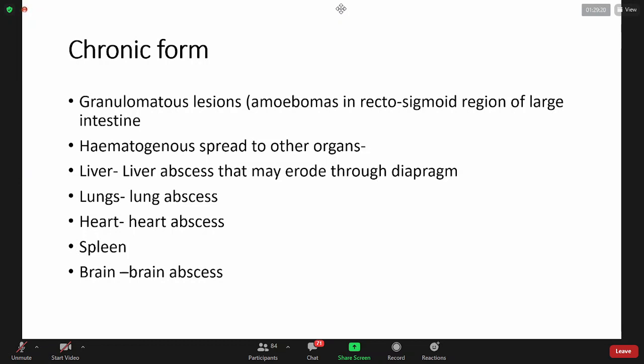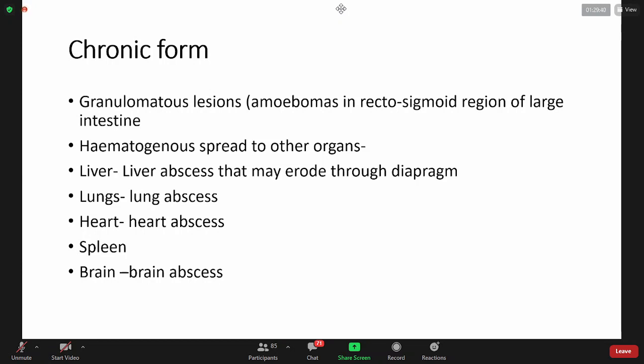This area is the most affected. However, the trophozoites may enter the blood circulation and spread to other organs.